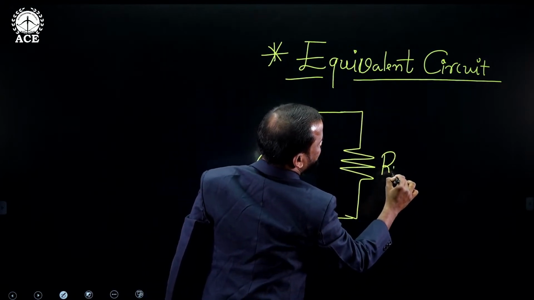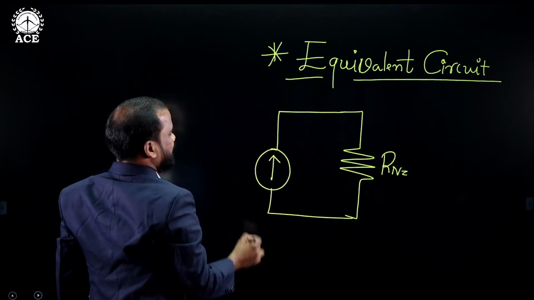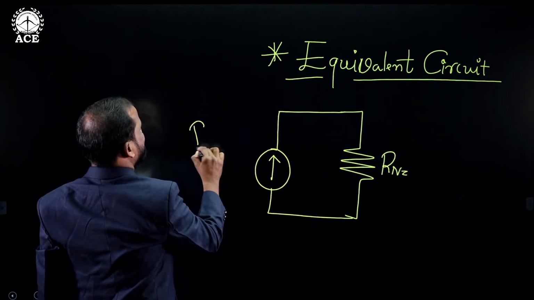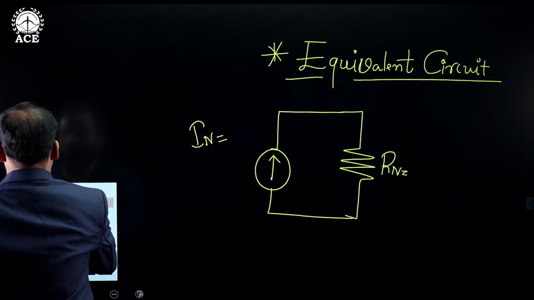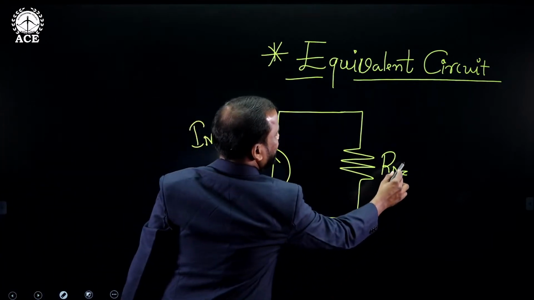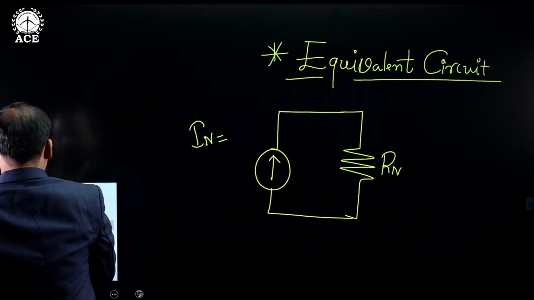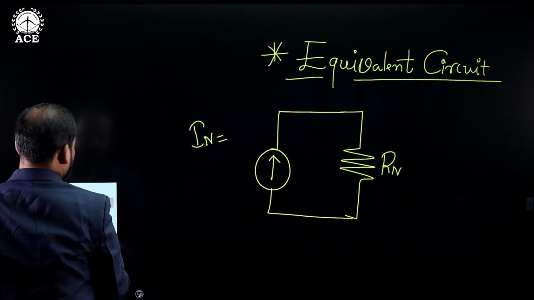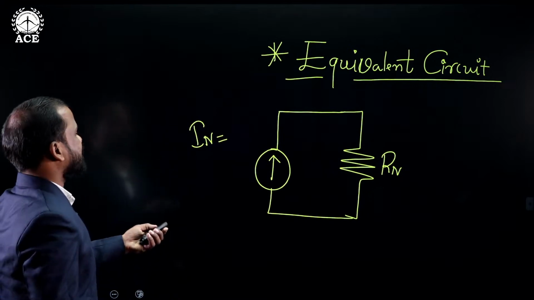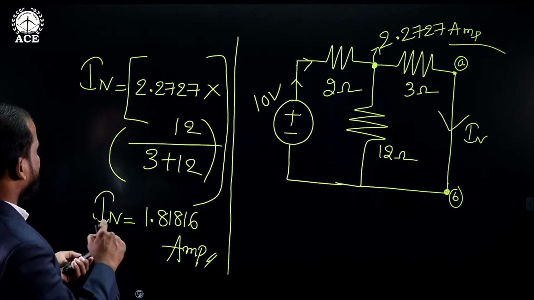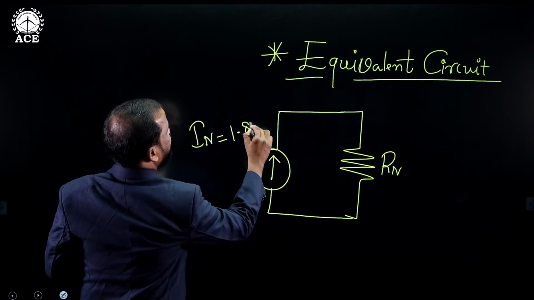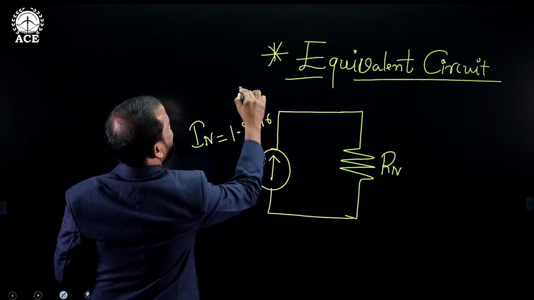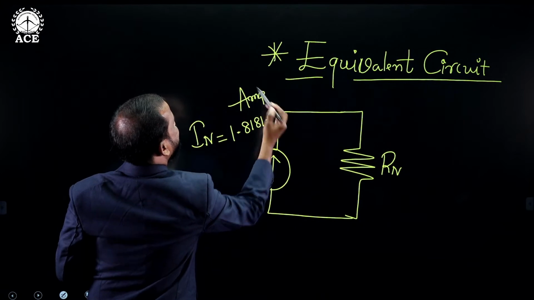This value represents Norton's current, and this one is Norton resistance. Now I can place these values here. Norton's current is equal to 1.81816, so this value is 1.81816 amperes.